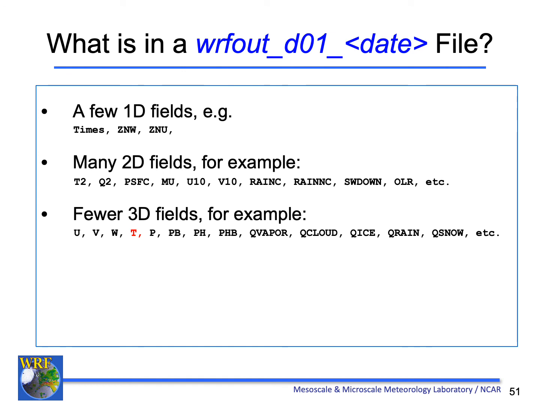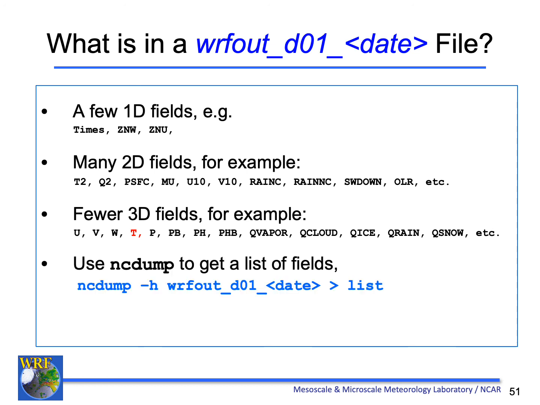What about fields in a WRF-out file? A typical WRF-out file will contain 1, 2, and 3-dimensional output fields. The meaning of the fields can be found by using ncdump to output the list of fields in the file and look for description for any particular field.